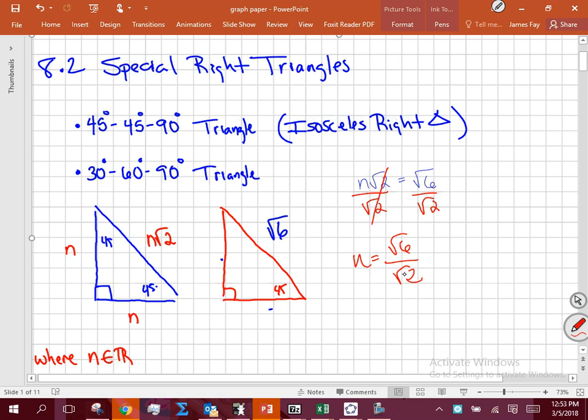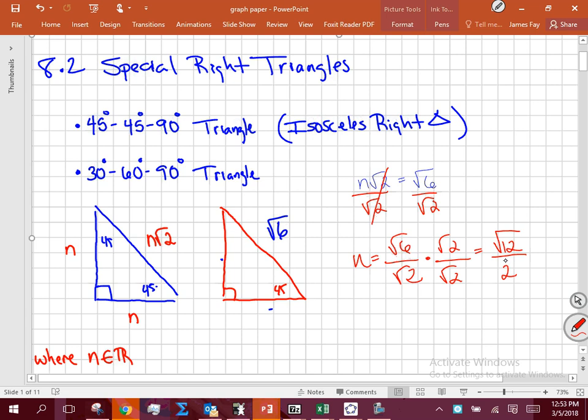Now that is an answer, but it's not an accepted version of it. Does that make sense? So what do I need to multiply by to get rid of that radical 2? Radical 2 over radical 2, right? What's that give me up top? Radical 12. What's that give me on the bottom? 2.